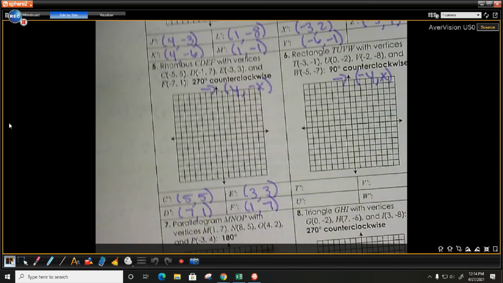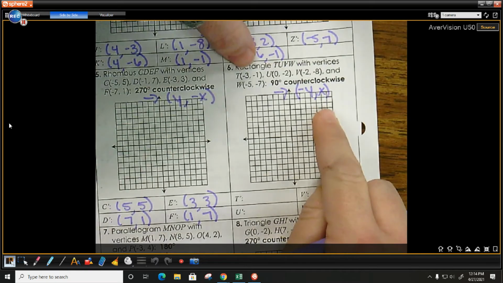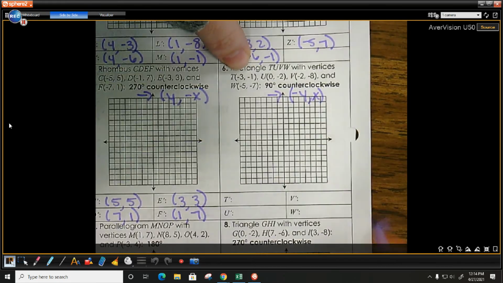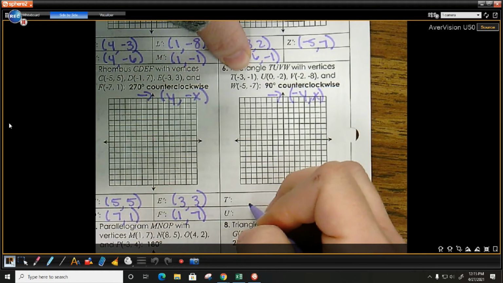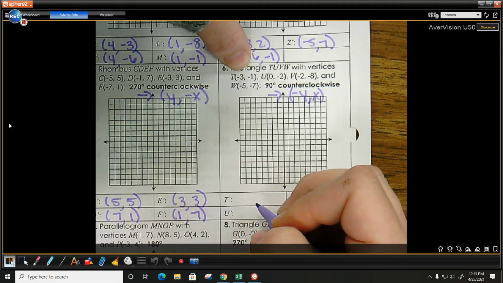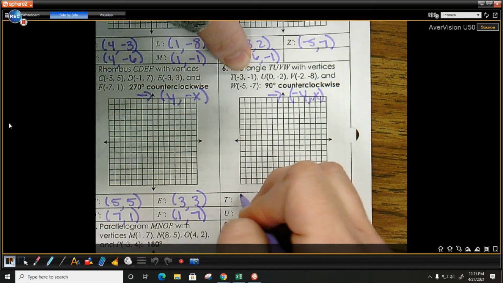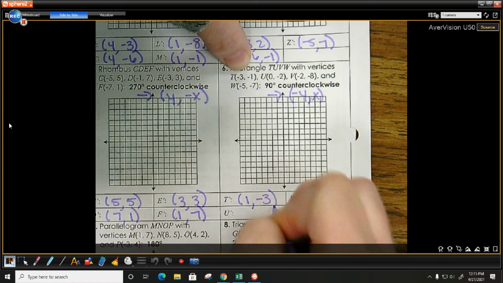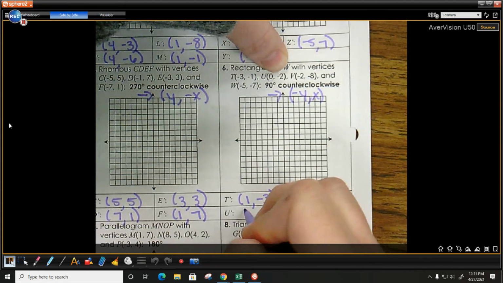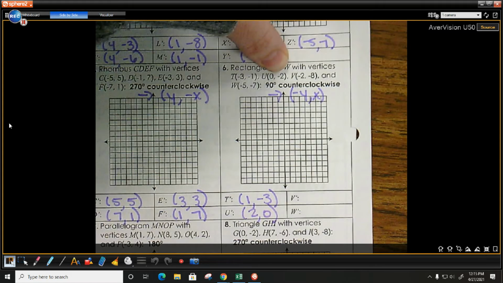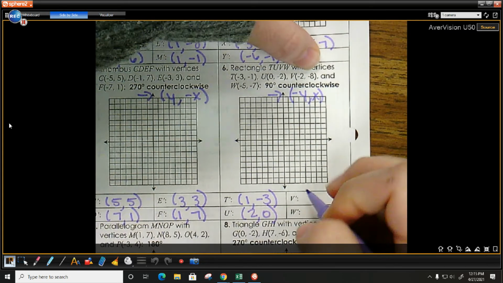Okay, so T prime becomes, do what? 1, negative 3. What's U prime, sorry? What's V prime? 8, negative 2.